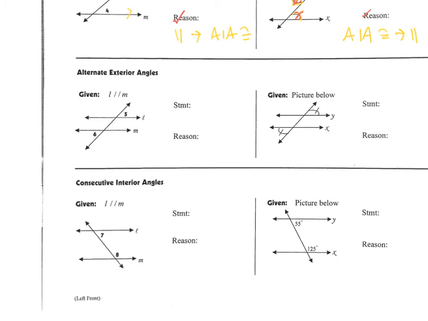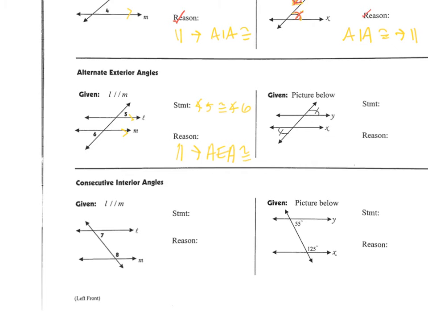Here we are given that line L is parallel to line M. And so we're given the lines are parallel. Our statement is going to be that angle 5 is congruent to angle 6. And the reason being parallel lines imply alternate exterior angles are congruent.